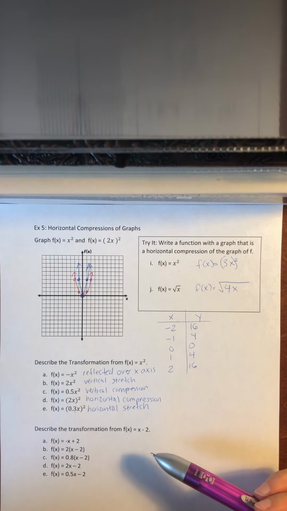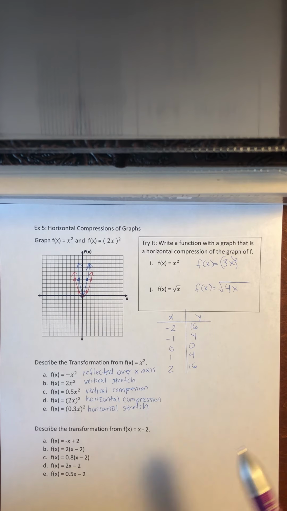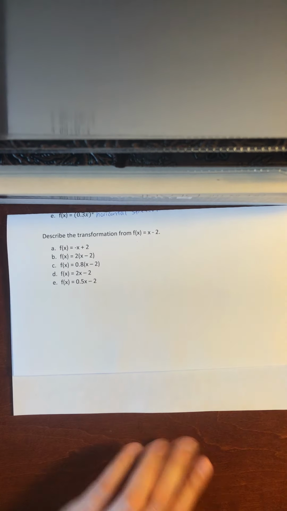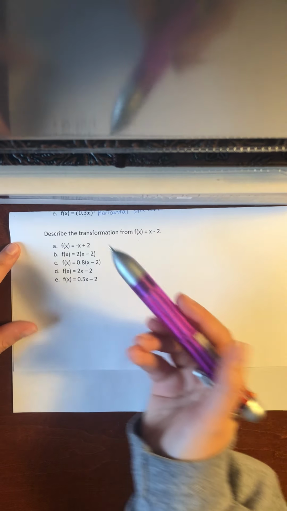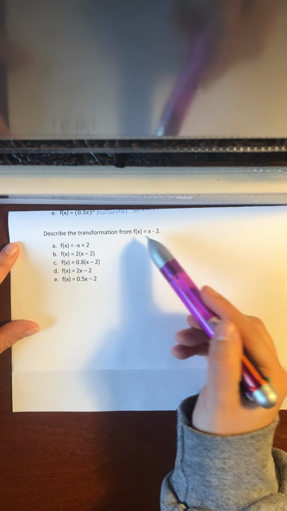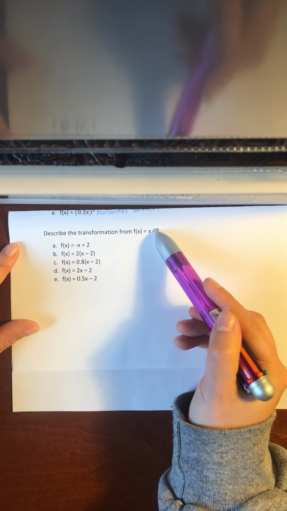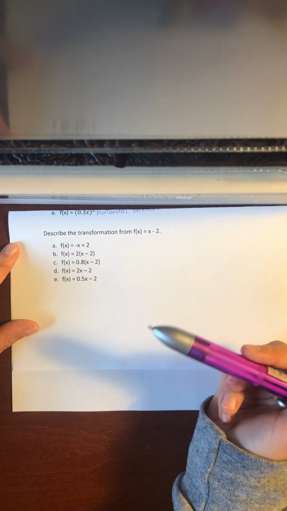Okay, let's look at this. This is a linear function here. Describe the transformation from f of x equals x minus 2. For this one, as you can see, there's a negative in front, and that negative gets distributed all the way through. That's why it changed to a positive, because we distribute the negative all the way through.